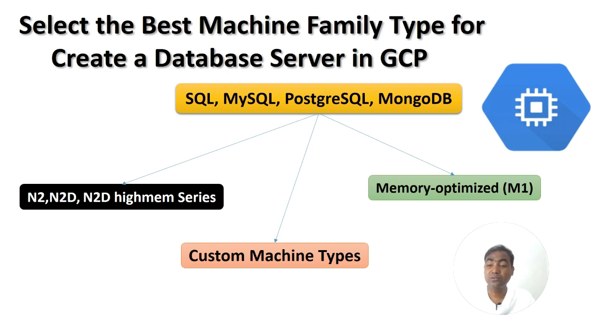You can also use a Google Cloud managed database service such as Cloud SQL or Cloud Spanner. These services automatically manage the underlying infrastructure for you, so you can focus on your database application rather than the infrastructure. Now I hope you understand which machine family series can be selected for creating a database server based on your requirement.